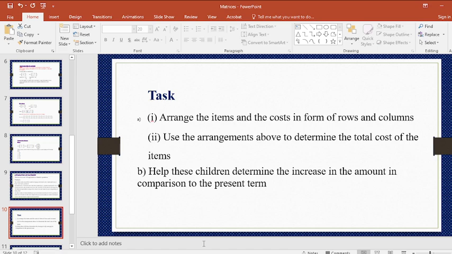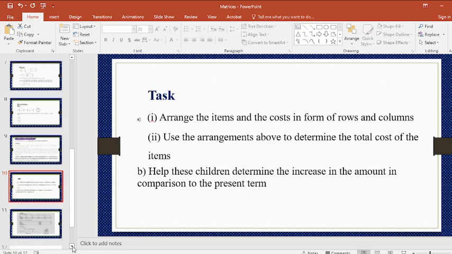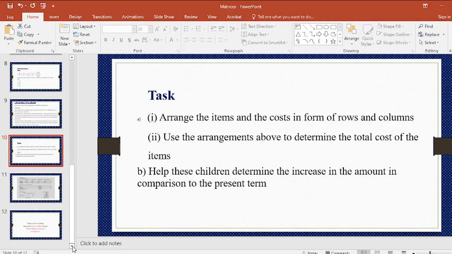So the moment you arrange the items and the costs in the form of rows and columns, you must use the information you collected and multiply those two matrices. Get the matrices, multiply them, and then after, you'll be getting the answers. But just normal manipulations will not give you any mark.